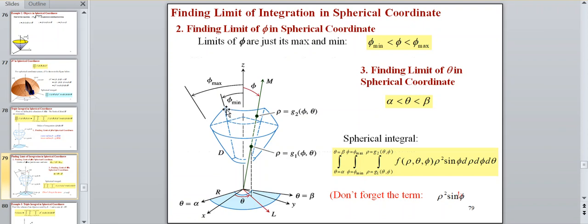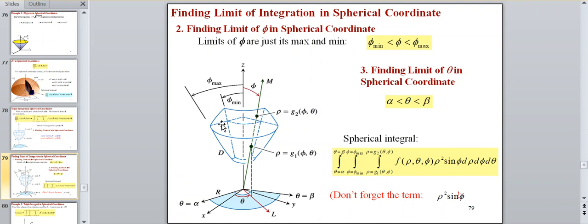It means to cover the region D, phi must rotate from here to here, from phi minimum to phi maximum, between two angles. So phi must be from phi minimum to phi maximum to cover the region D like this. These are the limits for phi.